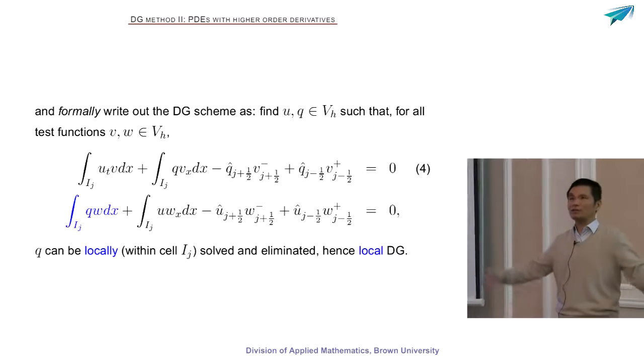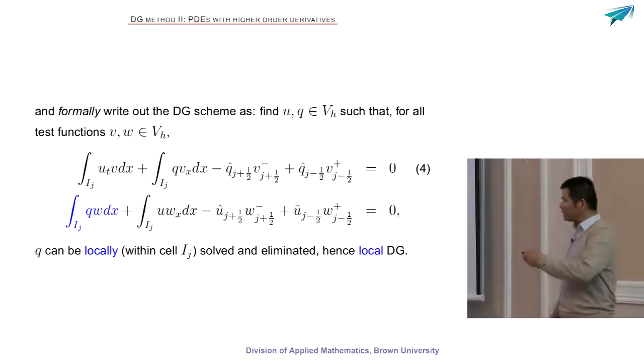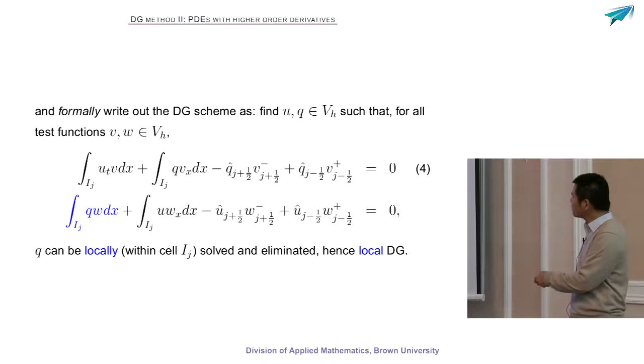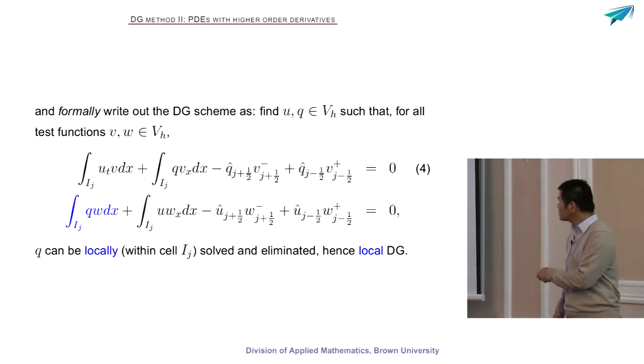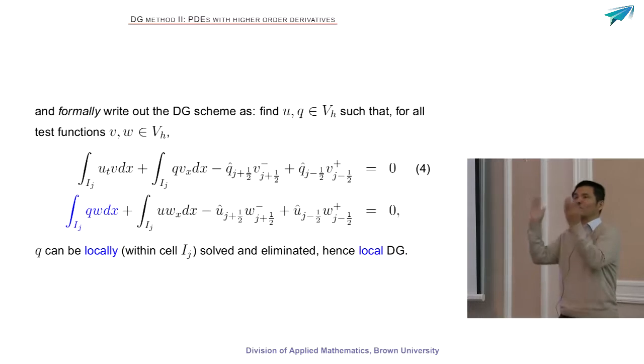In each cell it is a polynomial for the solution U. And then from this second equation, because this part involves only U, this is just a local integration over I_j. So this involves only the local mass matrix. I mentioned on Friday that this local mass matrix, first of all, is very small. In 1D, for example, piecewise quadratic is only a 3 by 3 matrix. You can invert it by hand.